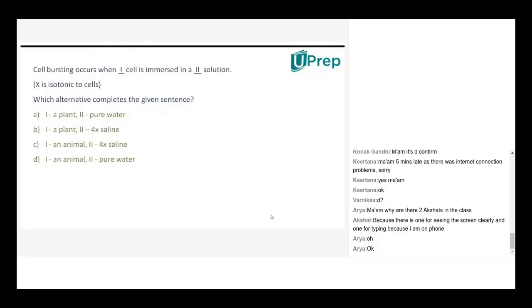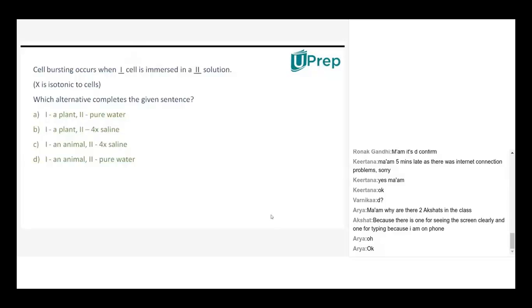So whatever cytoplasm and water is inside the animal cell will squeeze out of the cell. When something gets squeezed, it shrinks, isn't it? So the animal cell gets shrunk when it is kept in saline solution.